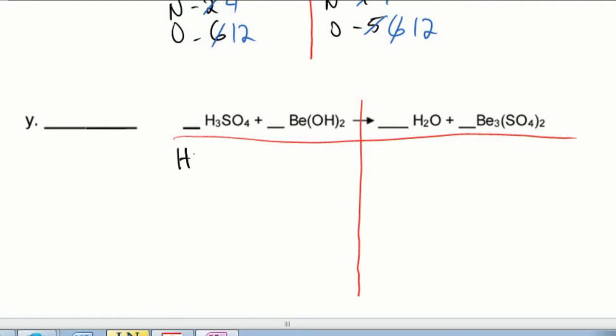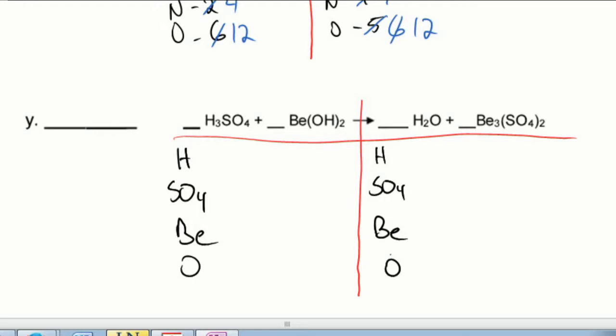SO4. Let's try to balance that SO4 as a group. Beryllium, O, H, SO4, beryllium, oxygen.